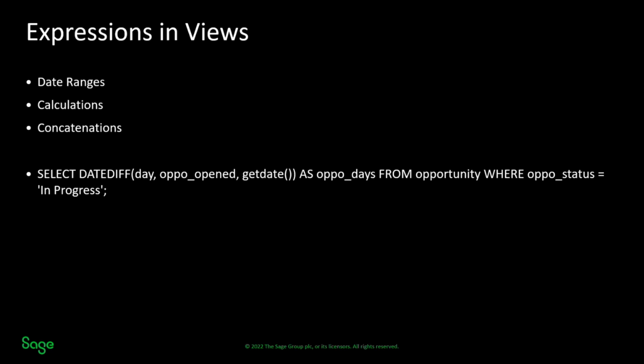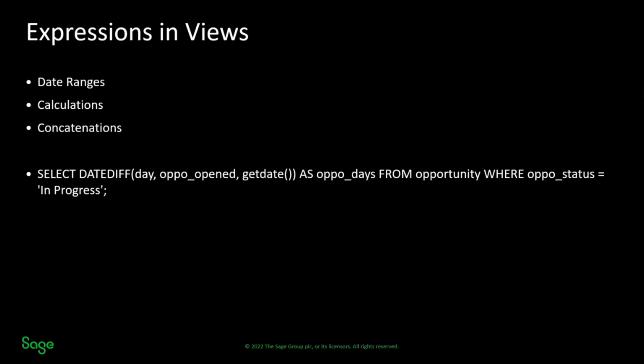So you've got datediff, day, open, when it was opened, and the current system date, returning it as oppo_days from opportunity, where the oppo status is in progress. So this is a very simple return of information. So you can start to do that.